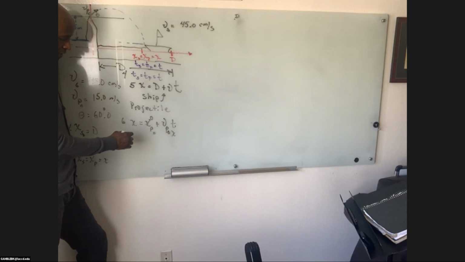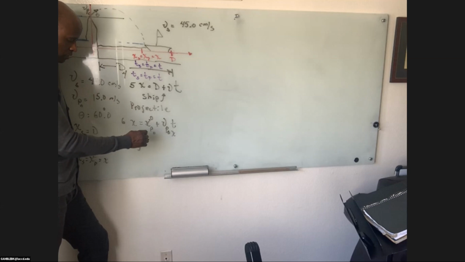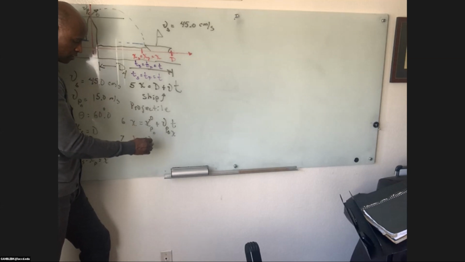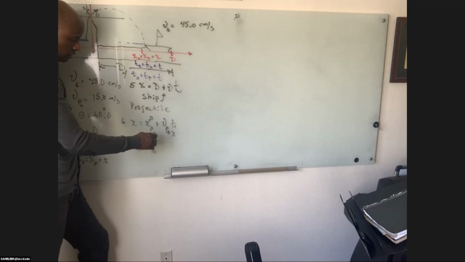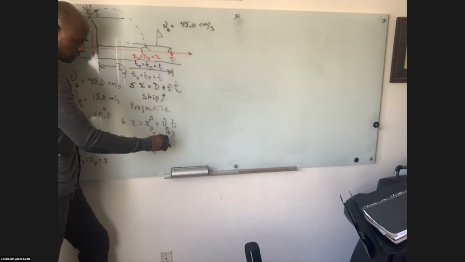So there we were at the first couple. The y equation, we have one is vpy equals vpy naught, which is 0 actually, minus gt.